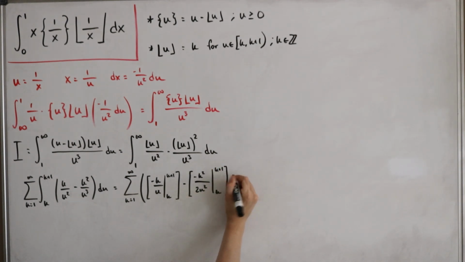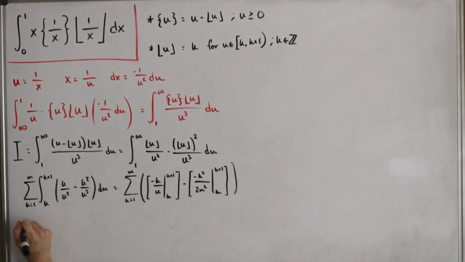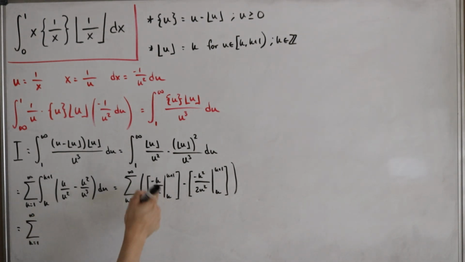Okay, close that off. Now after doing all this, we have the sum from k equals 1 to infinity, plugging in k plus 1 and then k for our first evaluated integral.